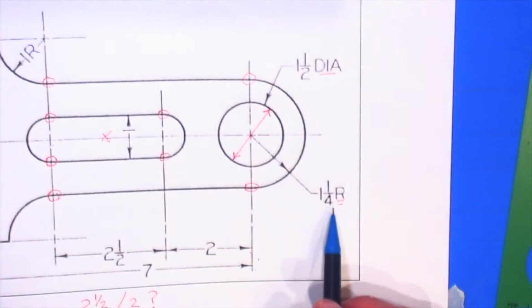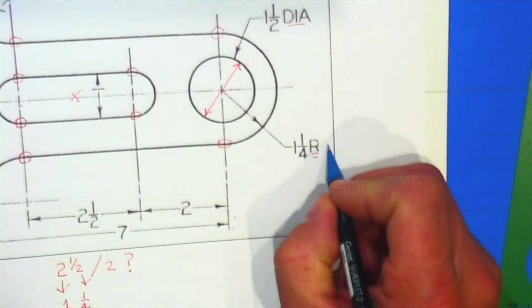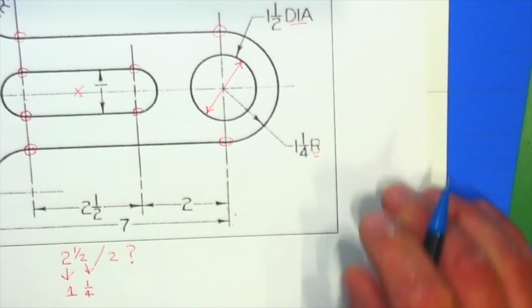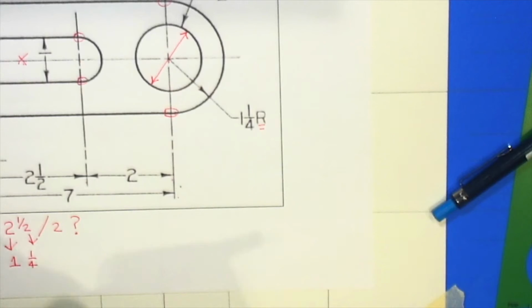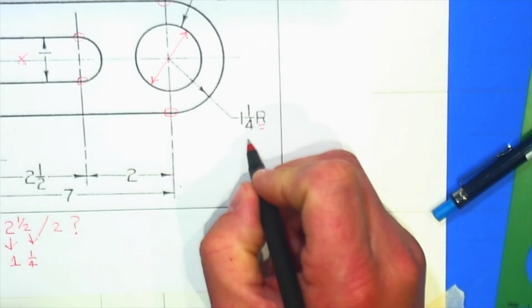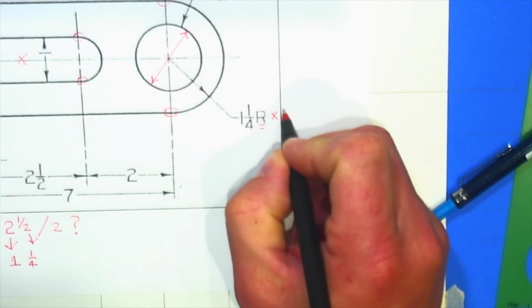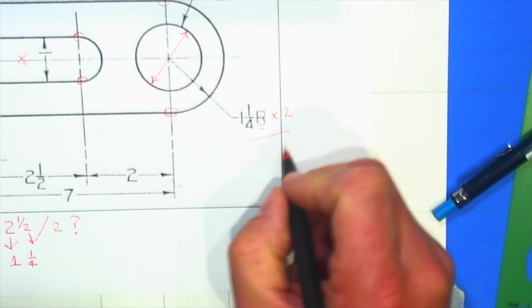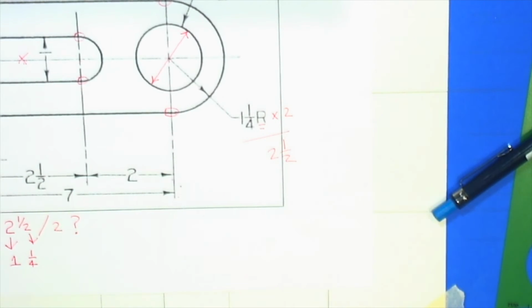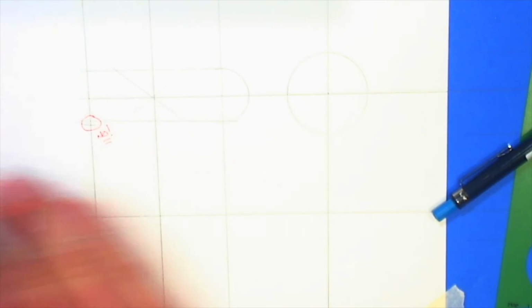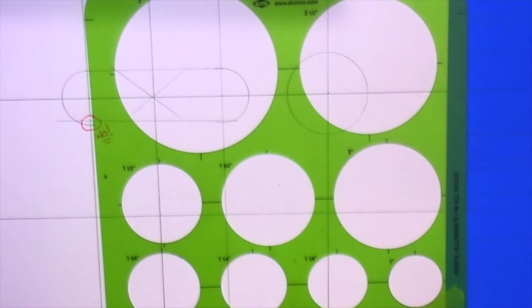Now this same center mark accounts for the 1 1/4 radius. Again, this is radius, so you need to look for the 2 1/2 inch diameter circle. So we're going to multiply this by 2. That becomes 2 1/2. Look for that on our center circle template.